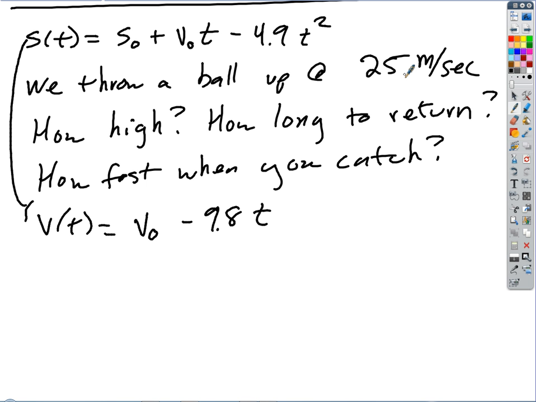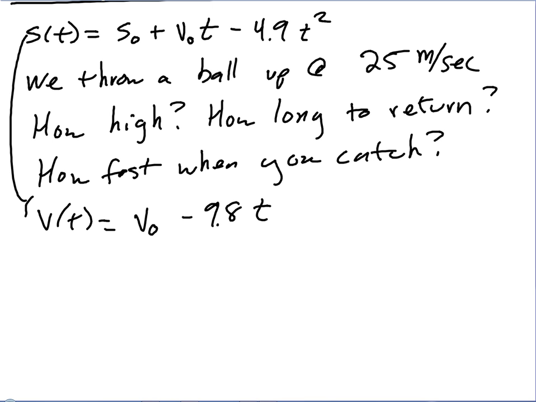It's predicting position, so it's going to be a parabola, and the biggest value it gives me for position, the highest it's going to get, is at the peak. So that's another way I could look at this. I've got really two options here. I could either say, I've got my velocity function, and let's be specific.